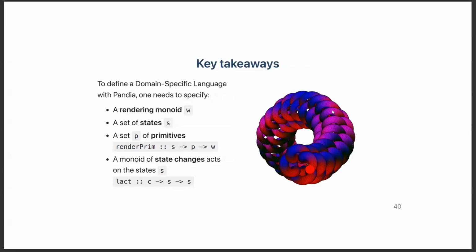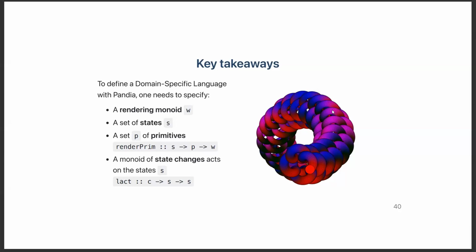So what to remember of this talk? Well, if you want to define a domain-specific language using this language with only 4 instructions, what you need is a rendering monoid, a set of states, a set of primitives whom you need to know how to render, and a monoid of state changes that acts on the states.